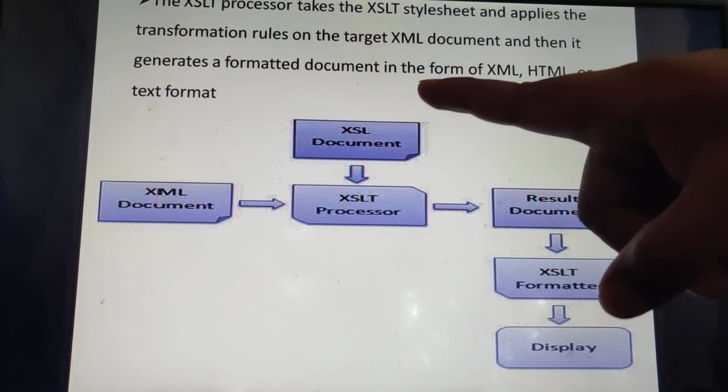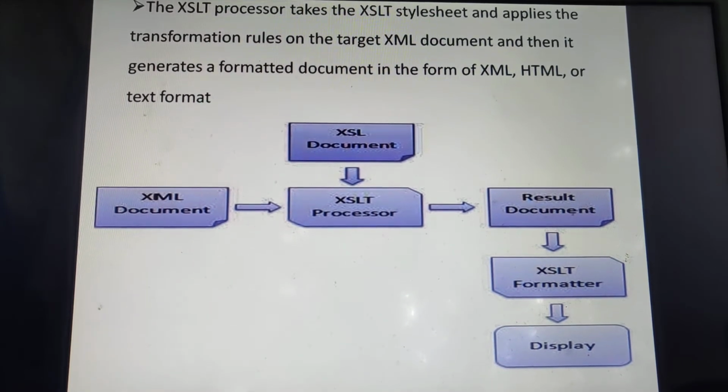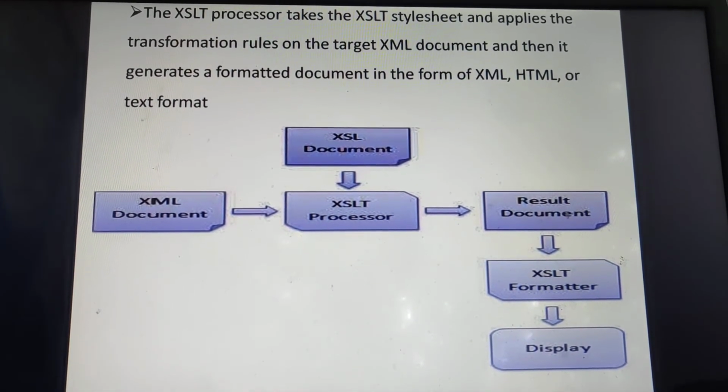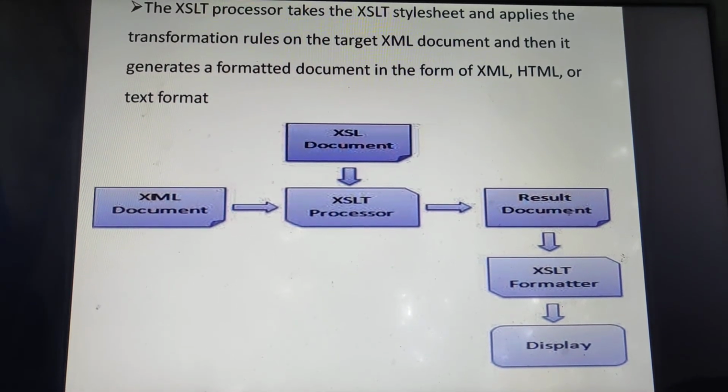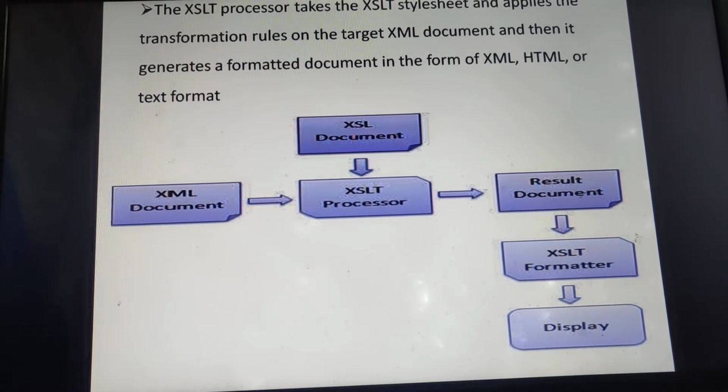The XSL document contains some styles for representing the XML. If you observe, whenever you open an XML file in the browser window, the tags appear with some colors, blue color, red color.